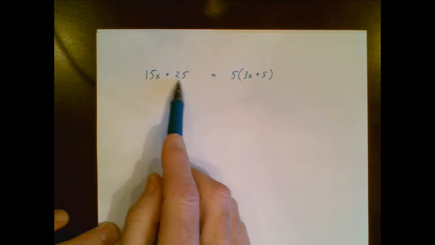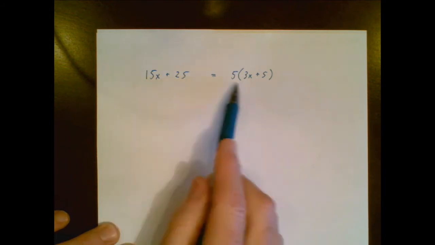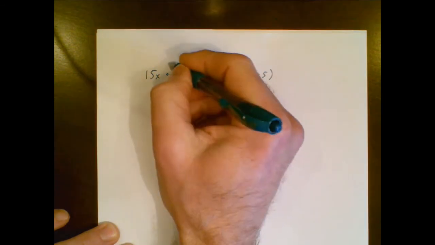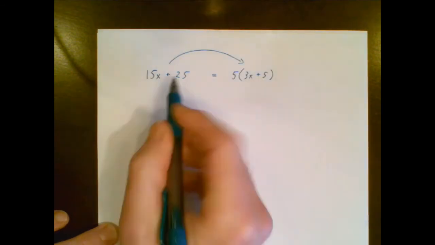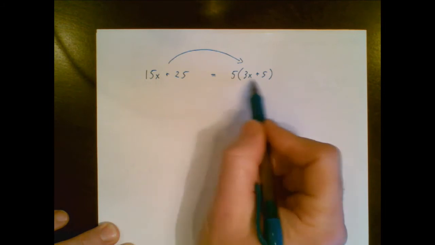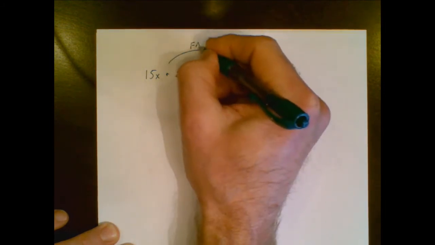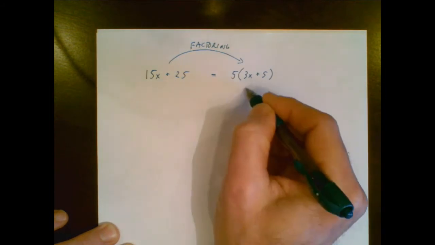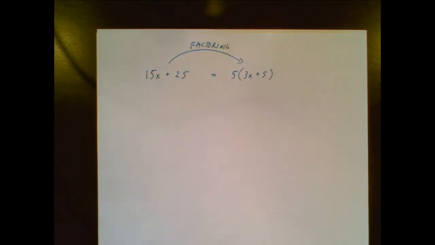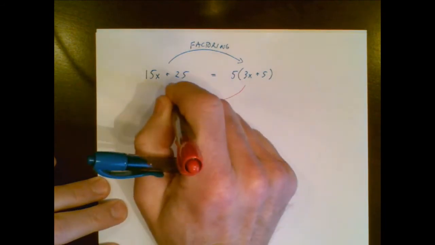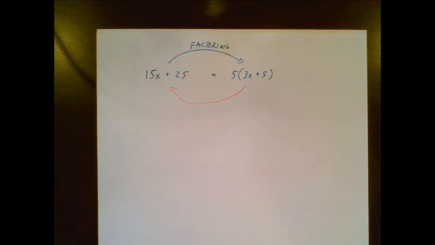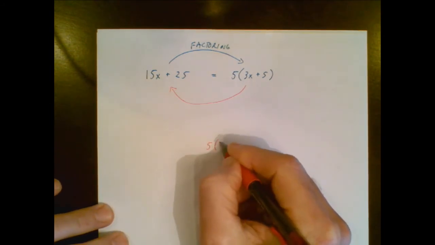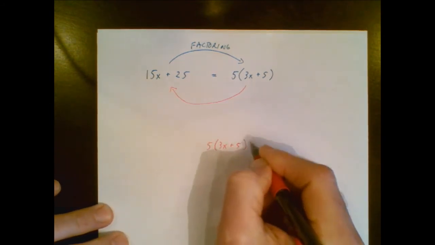Here's an example of something that's written as a binomial and then rewritten as factored form. Basically, I can take this original problem and write it like that. That's called factoring. But in a different situation, we could go this way and return back to the original problem. In other words, think back a little bit ago, we said, let's see what happens if we distribute this 5.